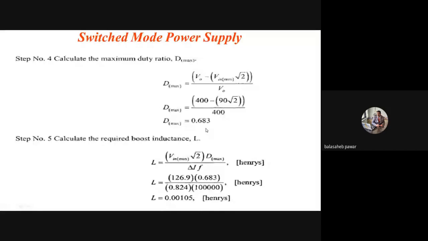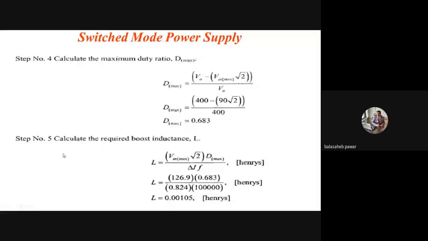Okay. Then calculate the required boost inductance. This is nothing but the inductance of the secondary. It comes as 0.001 Henry. Okay. All that is a standard formula, and in the application notes by the manufacturer, it will be given.